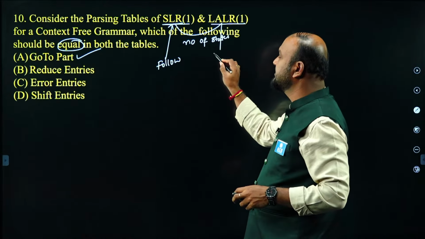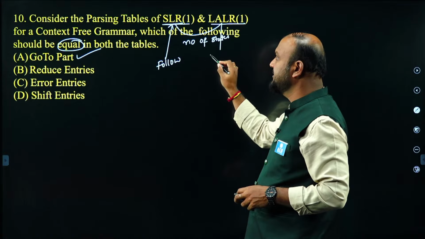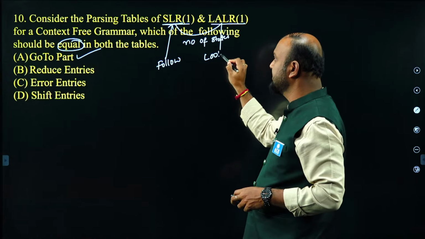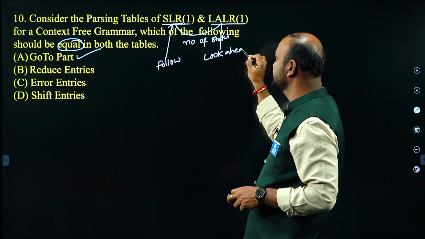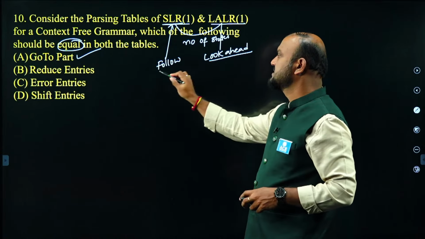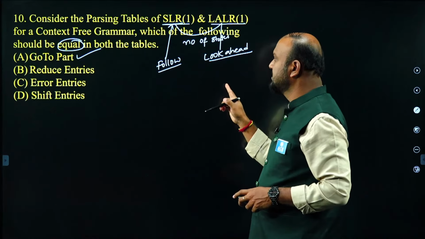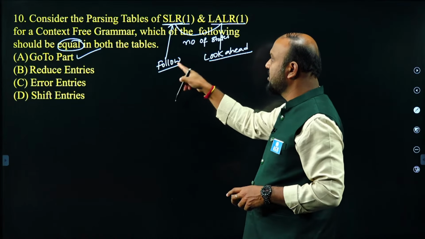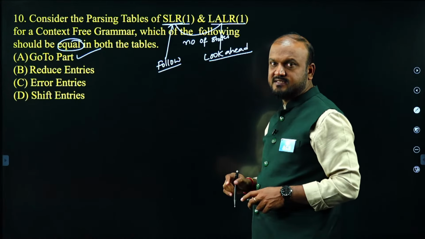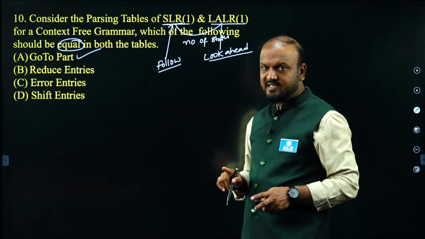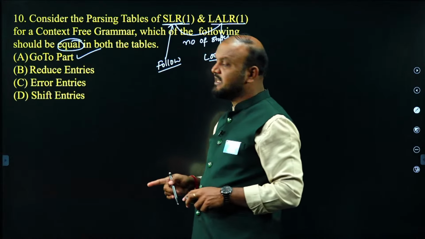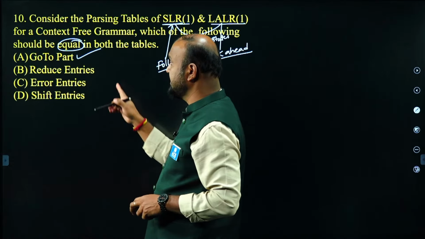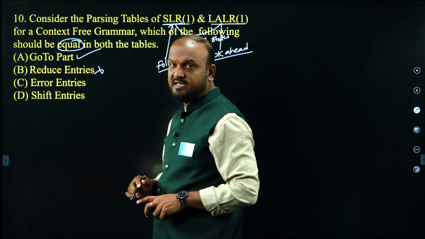In LALR of 1, we fill the reduce entries in all the look ahead terminals. Because it is not all follow terminals in LALR of 1, only the look ahead terminals, the reduce entries are different in SLR of 1 and LALR of 1. But the option is saying equal, so reduce entries are different.